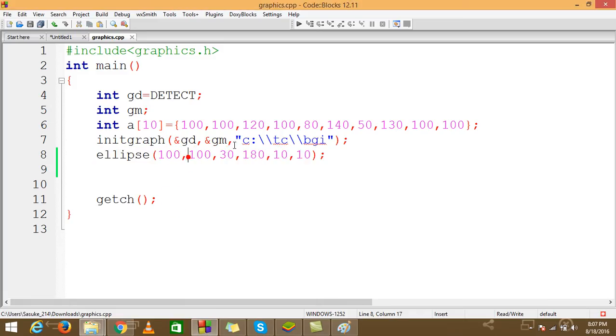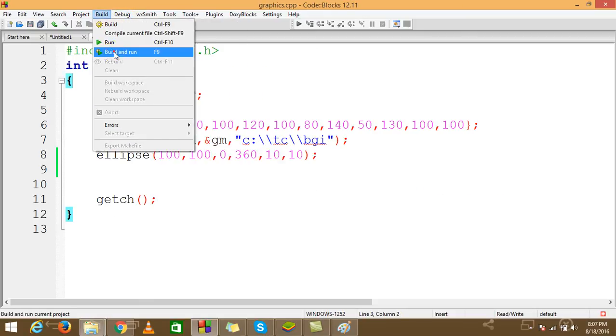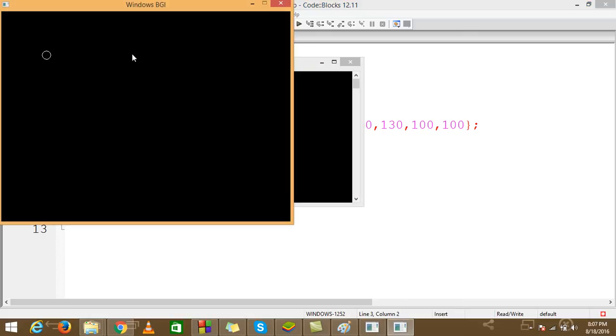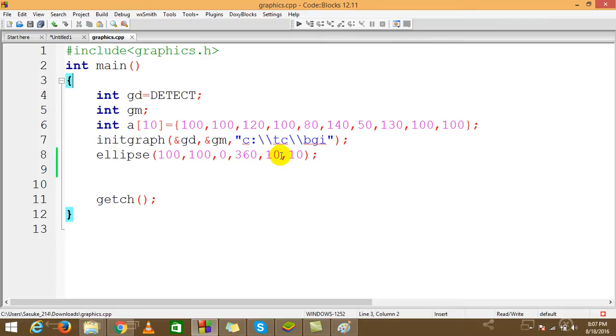So now let us give it from 0 degrees to 360 and let's see what happens here. As you can see, this is our circle, because both the x and y axis radius are the same.